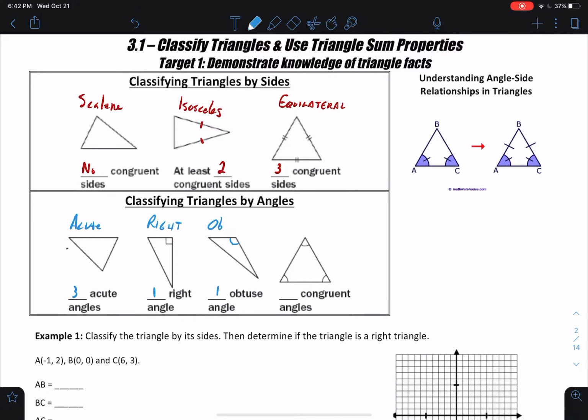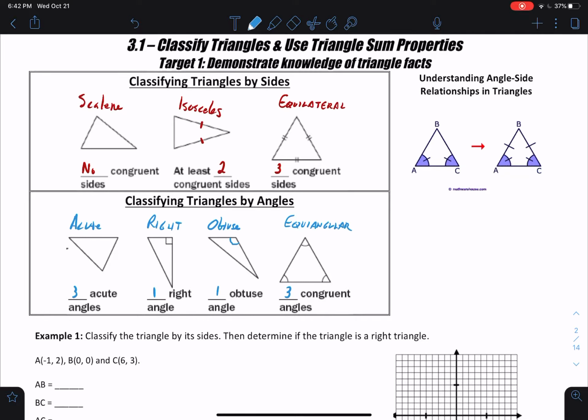That's known as an obtuse triangle. And if all angles are congruent, that would be an equiangular triangle.